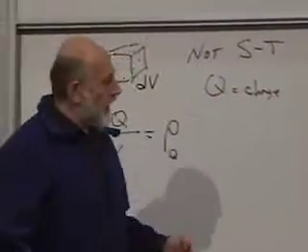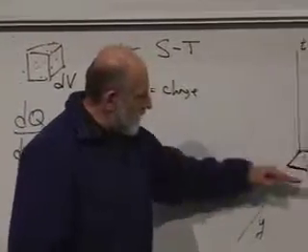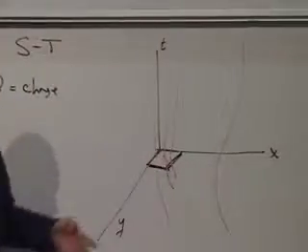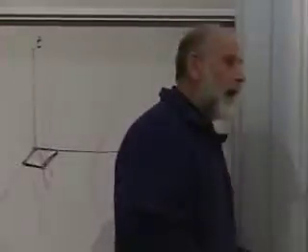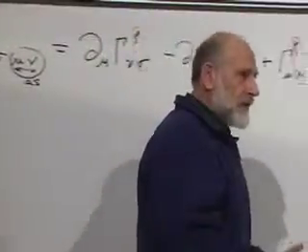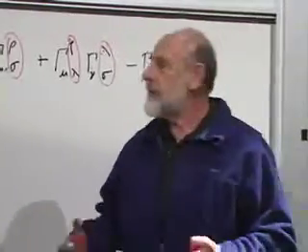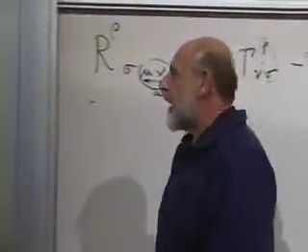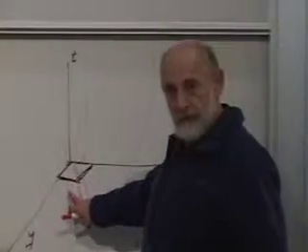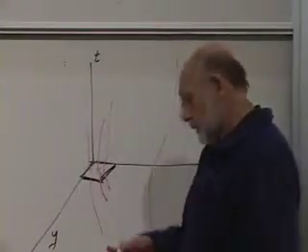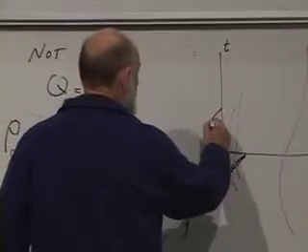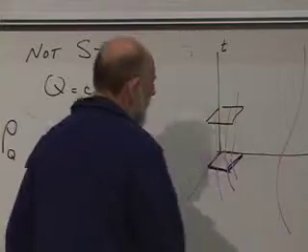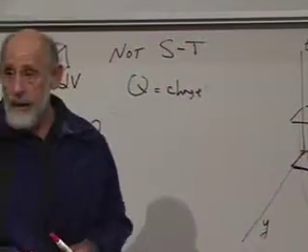That's just another way of asking, at a given instant of time, how much charge is in the box. How much charge is passing through the box in a space-time sense is equivalent to the question how much charge is in the box at a given instant of time. We could follow the box, of course, in time. Here's the box, same box a little bit later. Is the charge in that box necessarily the same?